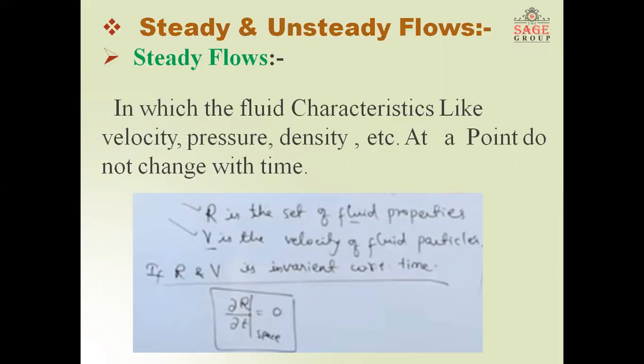That means del R upon del T at a given space does not change with respect to time, that means it is constant. So steady flow is where the fluid characteristics like velocity, pressure, density at a point do not change with respect to time.